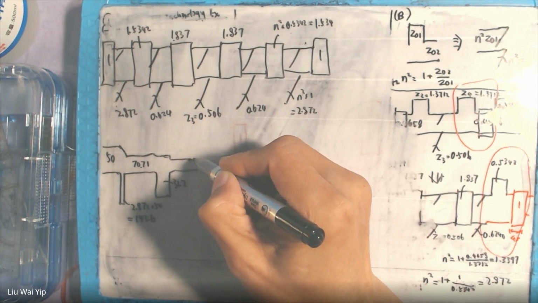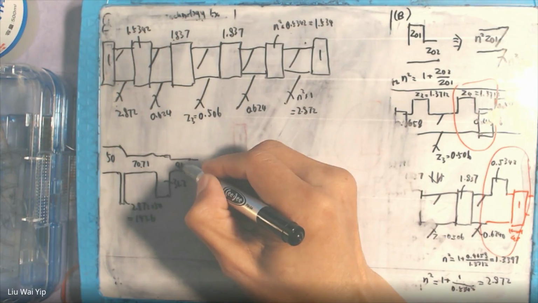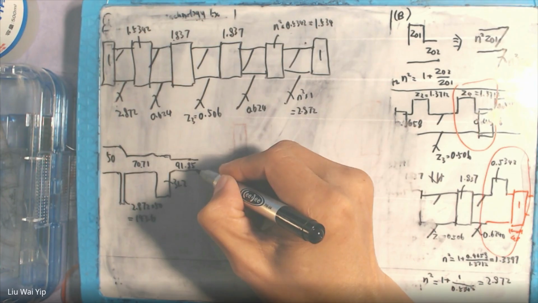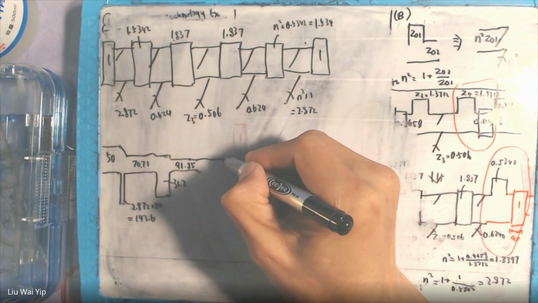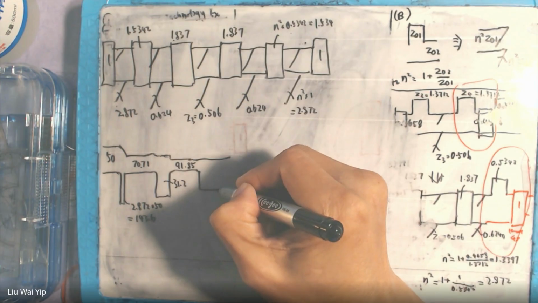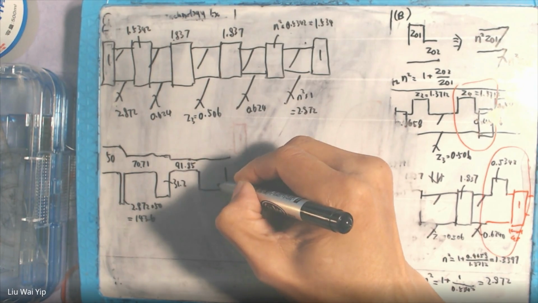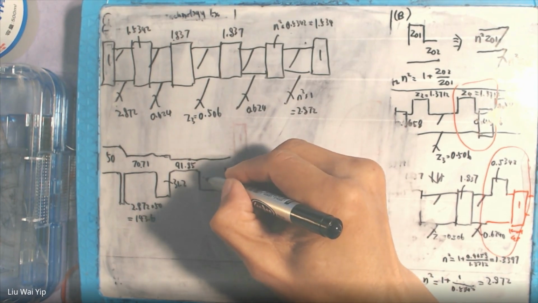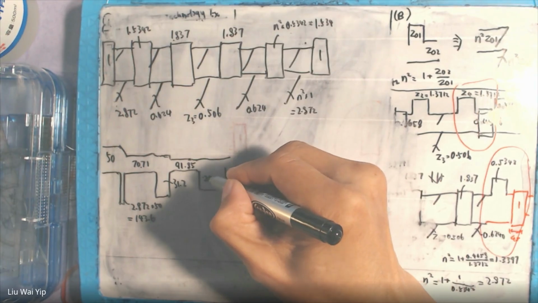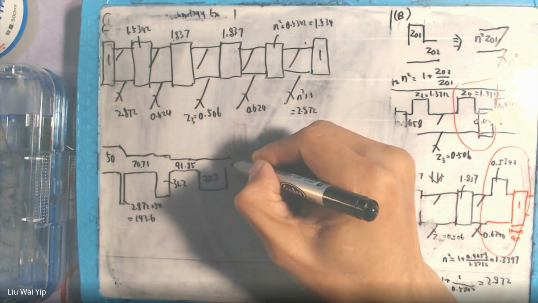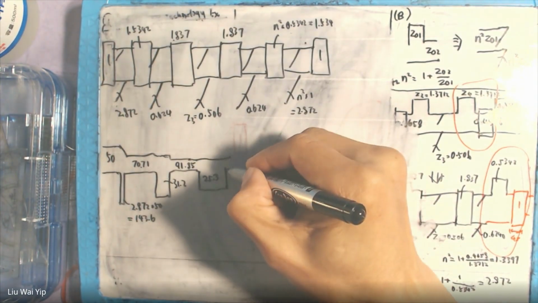And this one, 91.85. And this one, 25.3. All these figures here represent the impedance, and this will be symmetrical.